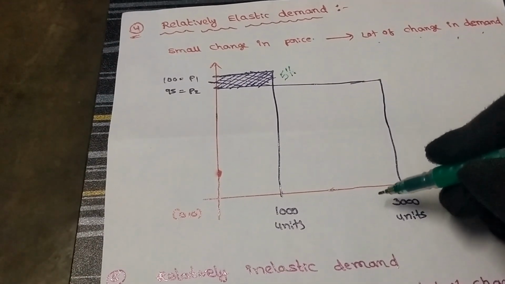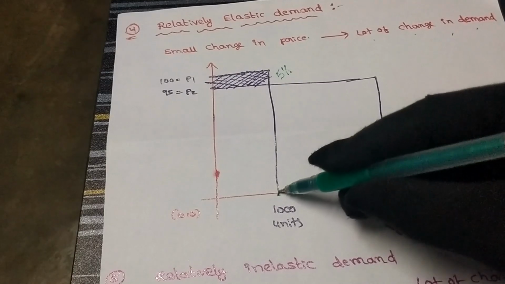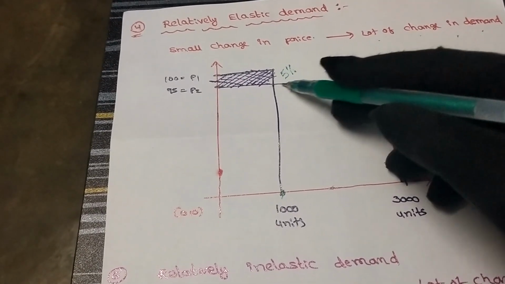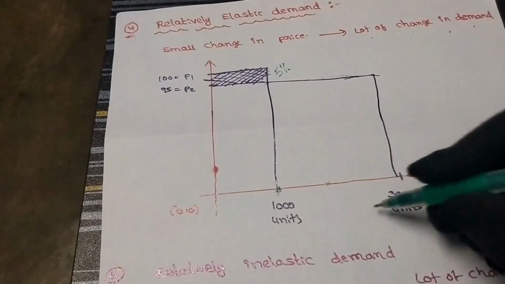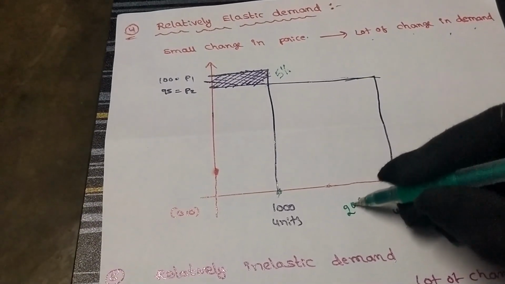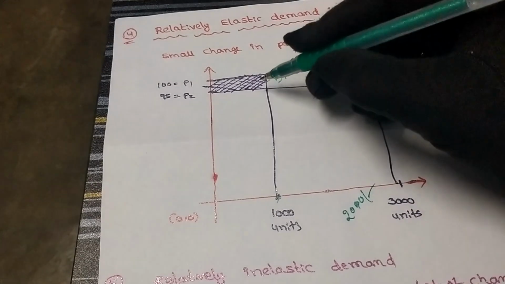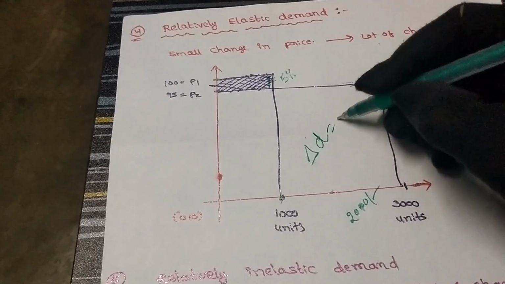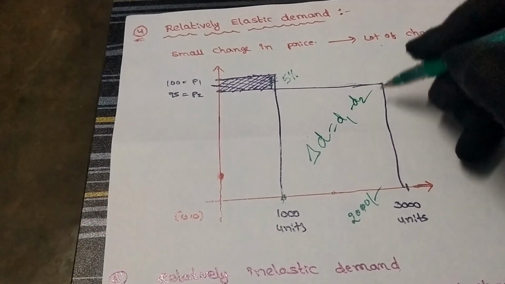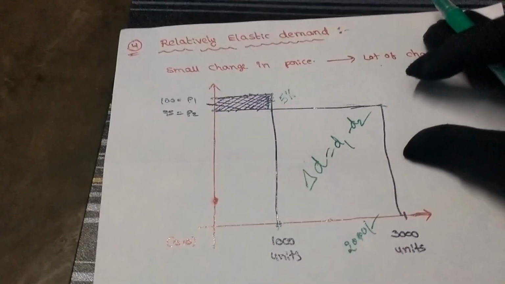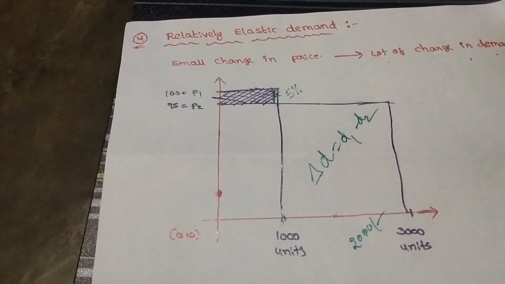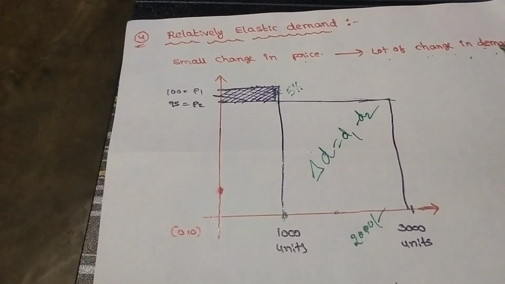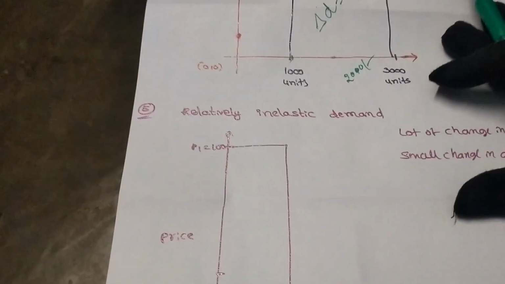But here what happened: initially the demand was 1000, but when the price fell by just 5 rupees, the demand increased to 3000, that means 2000 extra. Very little change in the price, but a lot of change in the demand. This is D1 minus D2. It's a lot. So then it is called relatively elastic demand. Even a small change in price can bring a lot of change in demand.